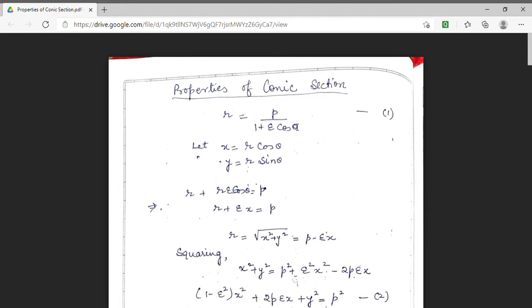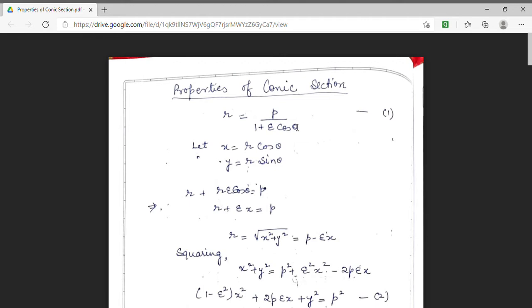That means I am going to derive what should be the value of epsilon so as to decide the shape of conic section, whether it be elliptical, hyperbola or circular. The shape of conic section depends on the parameter epsilon.